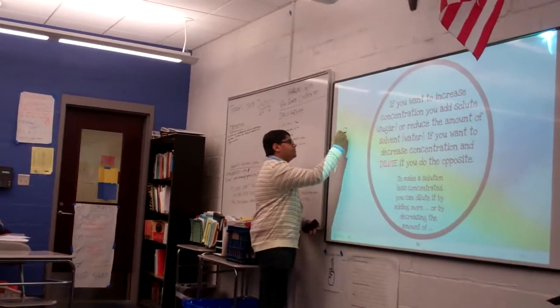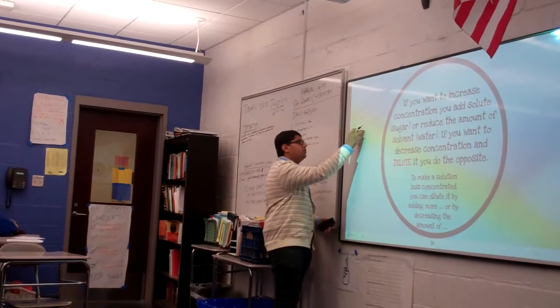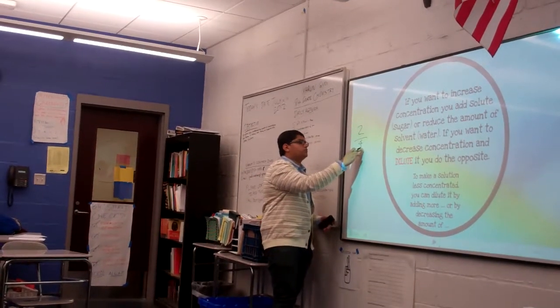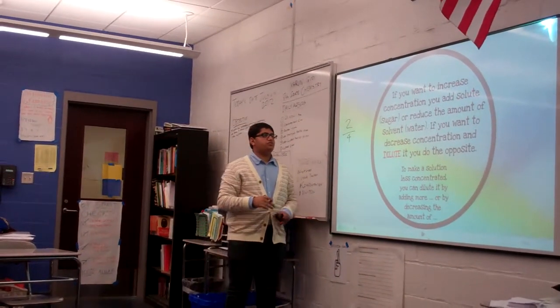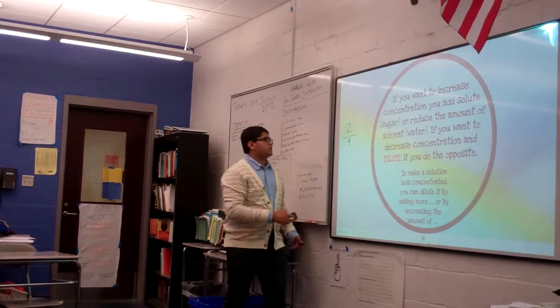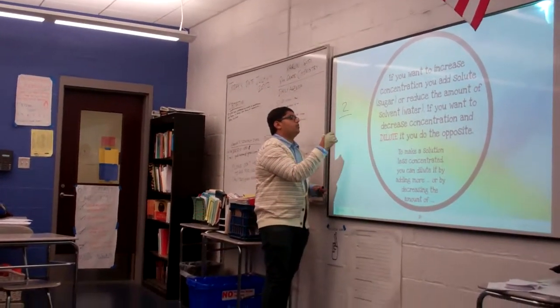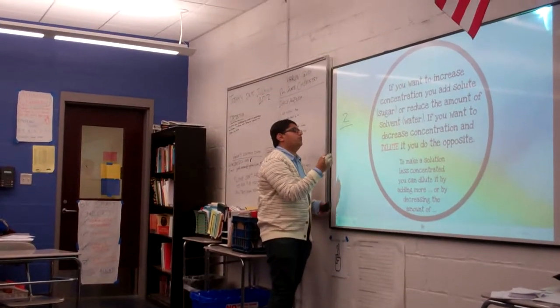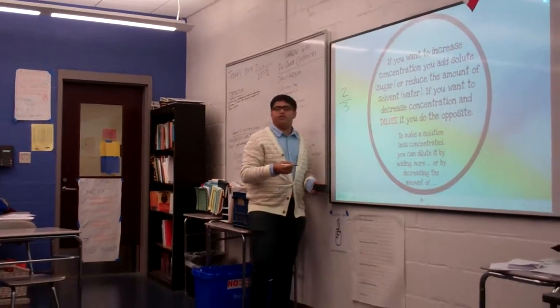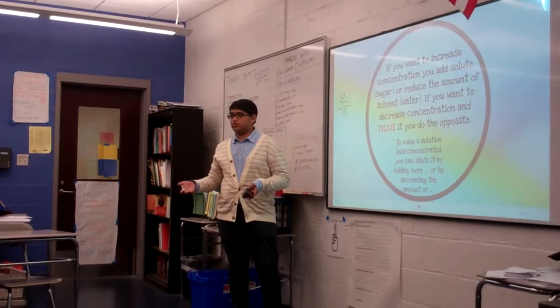So if I had a 50% Gatorade solution, 2 parts solute over 4 parts total, and I wanted to reduce the amount of solvent, I would be taking away from the denominator. If I took a scoop of water away, then it would be 2 out of 3. So it would be more concentrated.